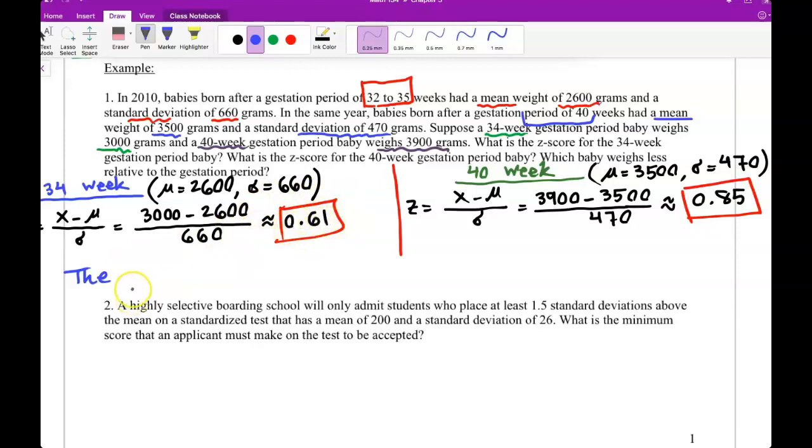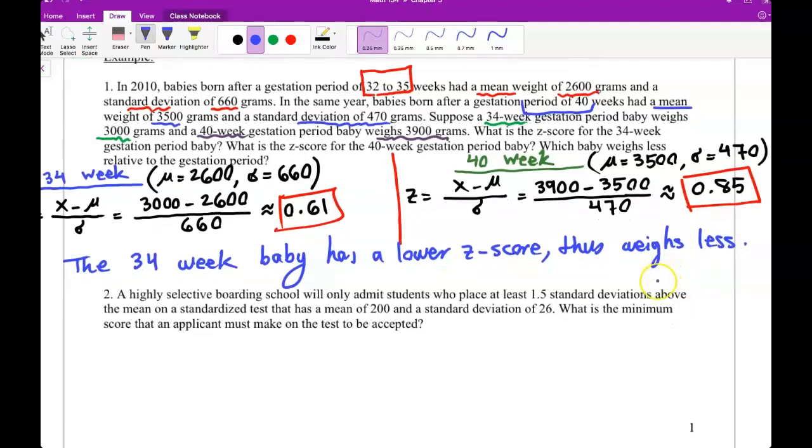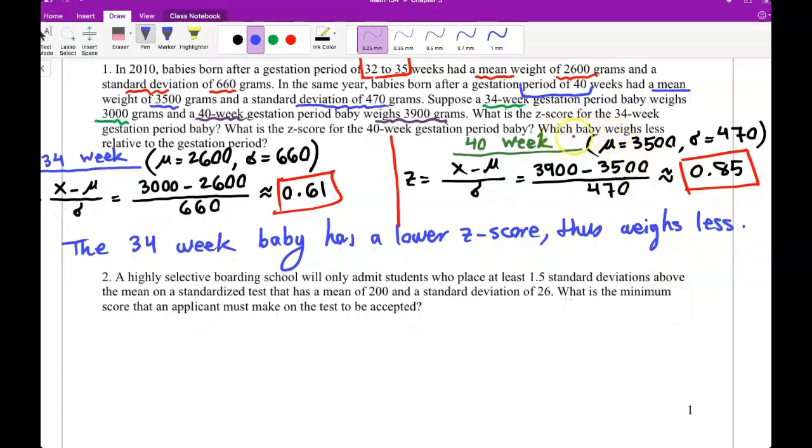The 34-week baby has the lower z-score, and therefore weighs less. So the answer for the third part is the 34-week baby.